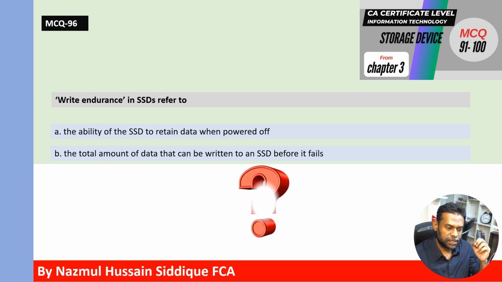Which one is the correct answer? The correct option is B. The total amount of data that can be written to an SSD before it fails is called write endurance.